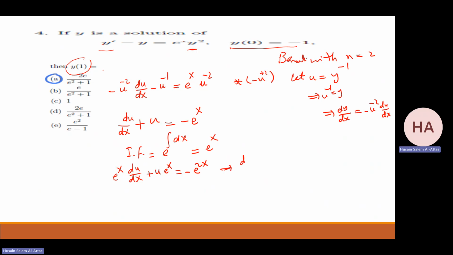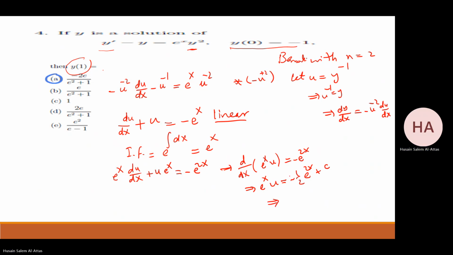By the way, this is linear, very clear. So d over dx of e to the power x u equals minus e to the power 2x. So I have e to the power x u equals the integral of this, minus half e to the power 2x plus c.